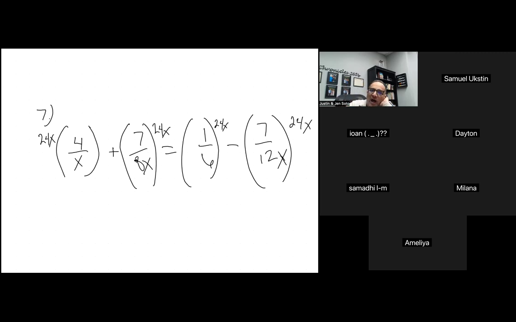Okay, so now watch. In this particular spot right here, this x and this x cancel out. I still have the 4 here. 24 times 4 is what, 96? Here, the x cancels out. The x cancels out. The 8, 24 over 8 reduces to 1 over 3. 7 times 3 is plus 21.